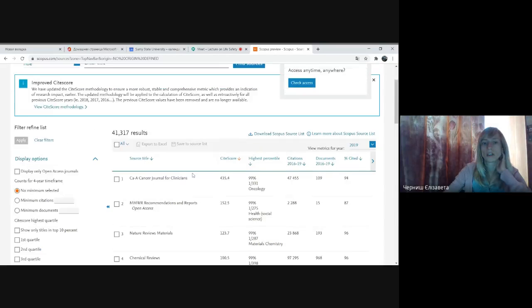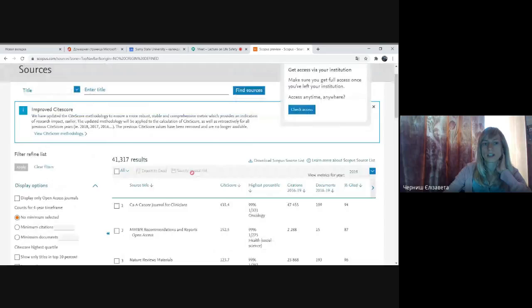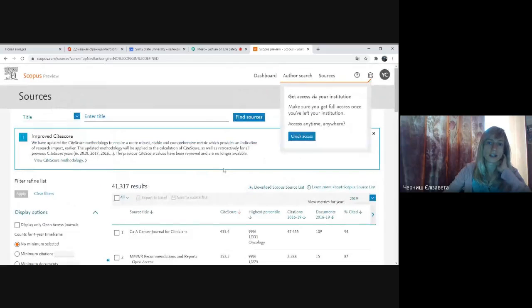It should be noted that, of course, this database requires registration, and especially in the local net, in the university. You can access this Scopus as a student of this university.